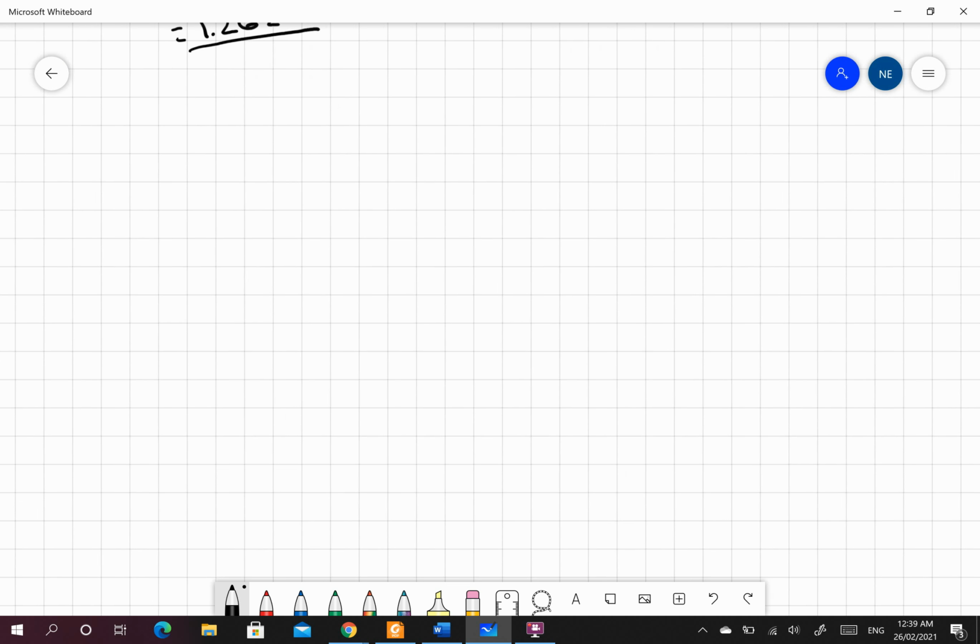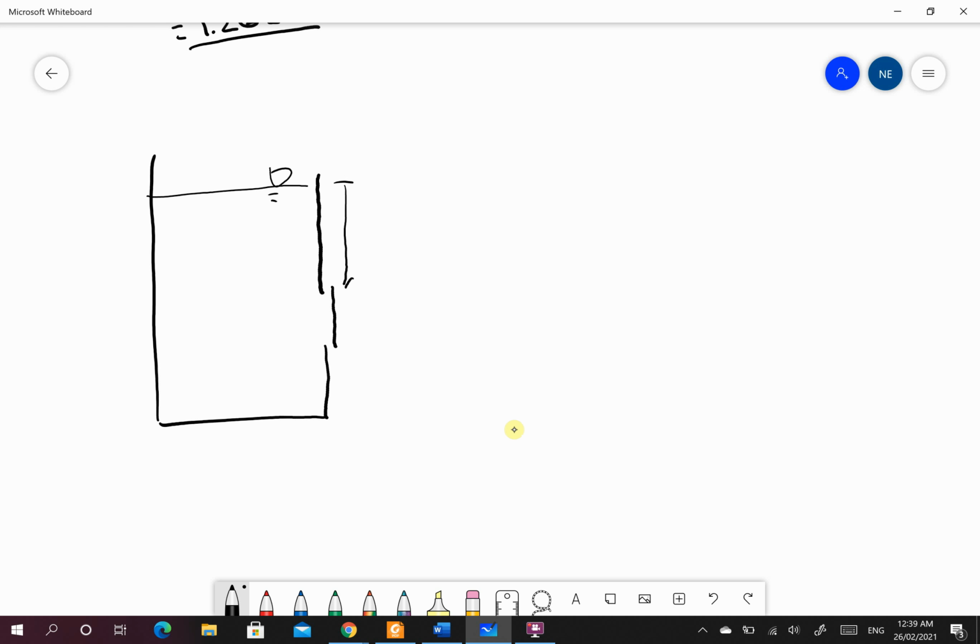So now what I need to do is calculate the force in the bolt. What I'll do first is draw in a diagram. So I have the tank, the gate, something like this, where this point here is 1 meter, 500.